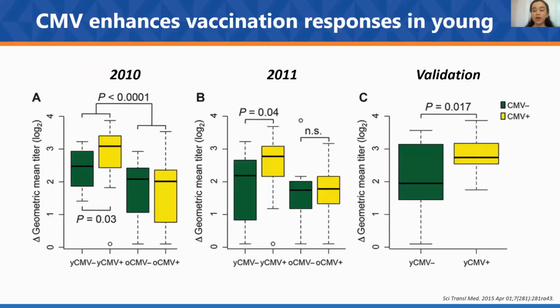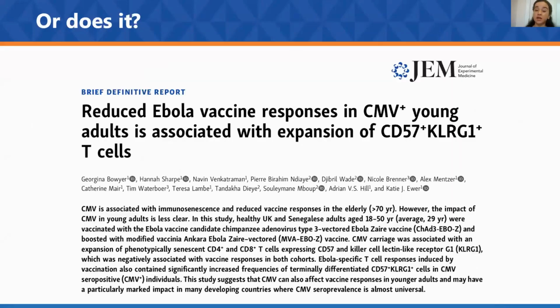So why did we land on this question, that CMV can have a potential impact on the working of this particular vaccine? In the past, a flu vaccination study has shown that CMV actually enhances vaccination responses in young people or in a certain cohort. But in another study, an Ebola vaccine study, it had the opposite effect.